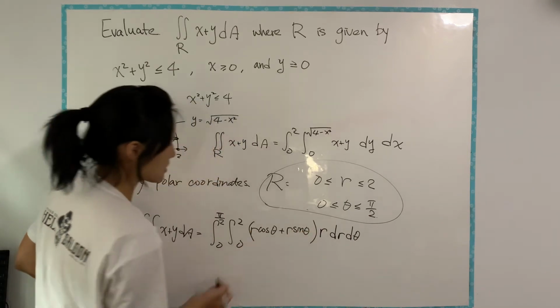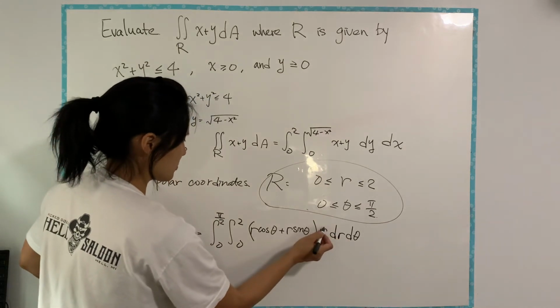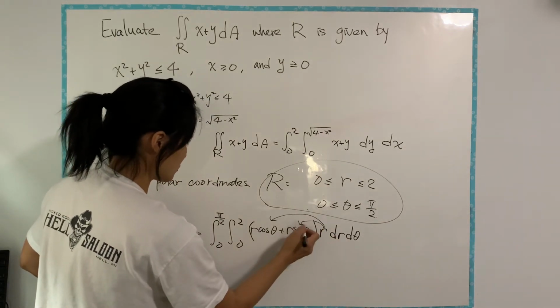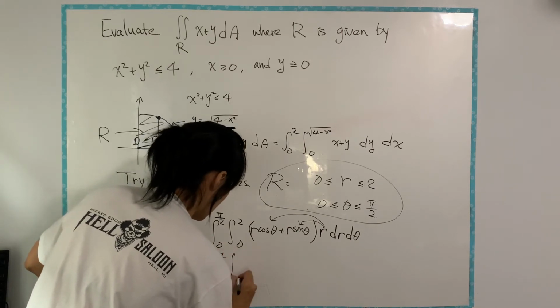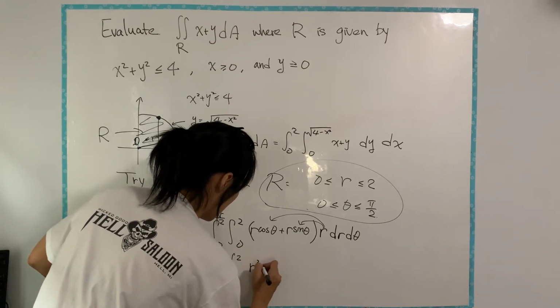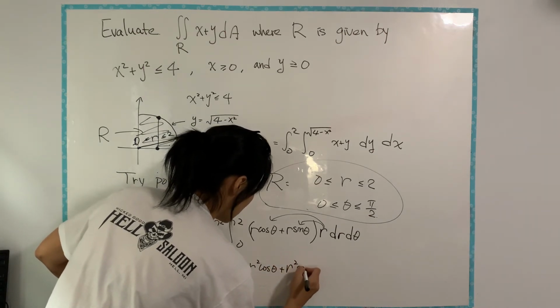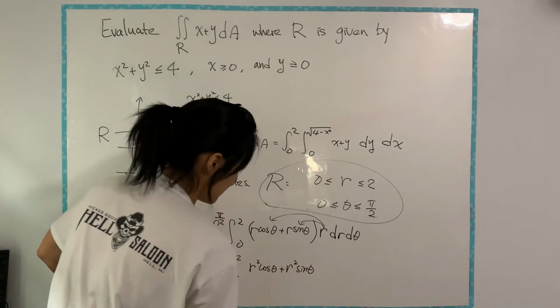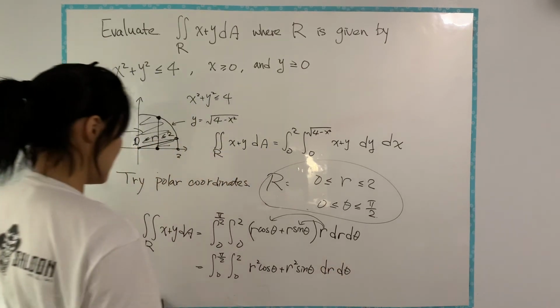Remember, use parentheses. Okay? So then I'm going to have to distribute the r into these two terms. So this is 0 to a half pi, 0 to 2, r squared cosine theta plus r squared sine theta, and then dr d theta. Okay?